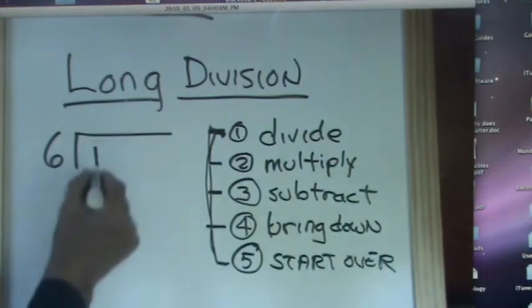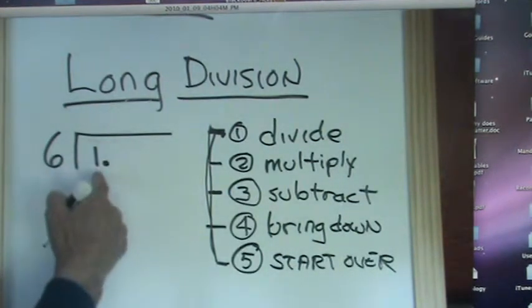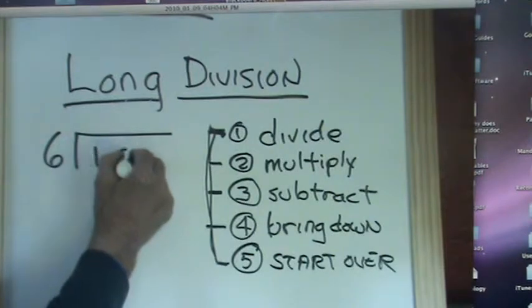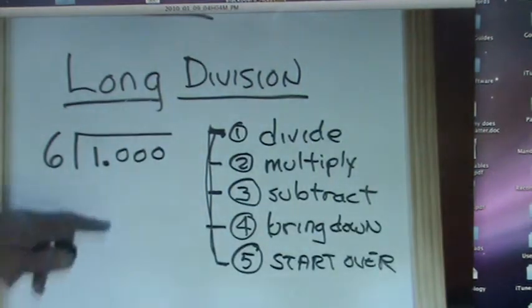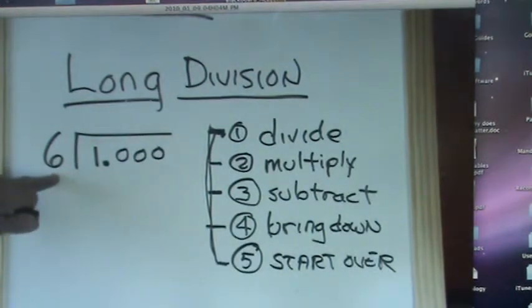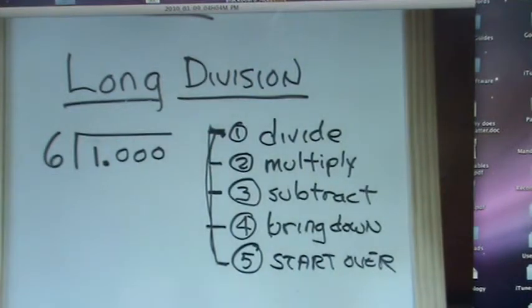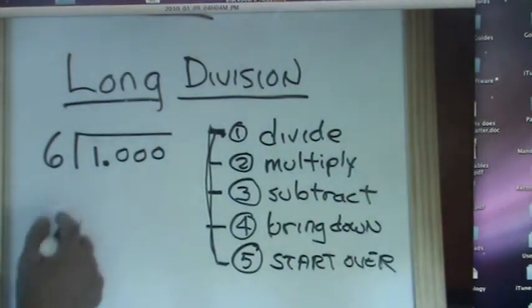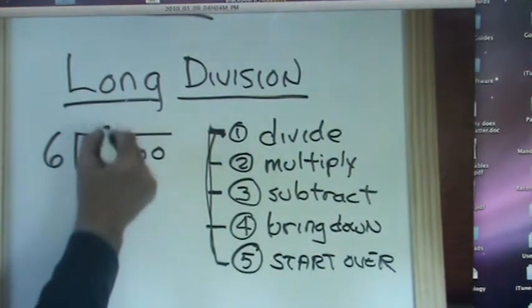But what I can do, because the number 1 is really 1 with the decimal point and an infinite number of zeros going this way, is divide 6 into 1.000. And when I'm dividing using a decimal like that, I'll make sure I put the decimal right above here.